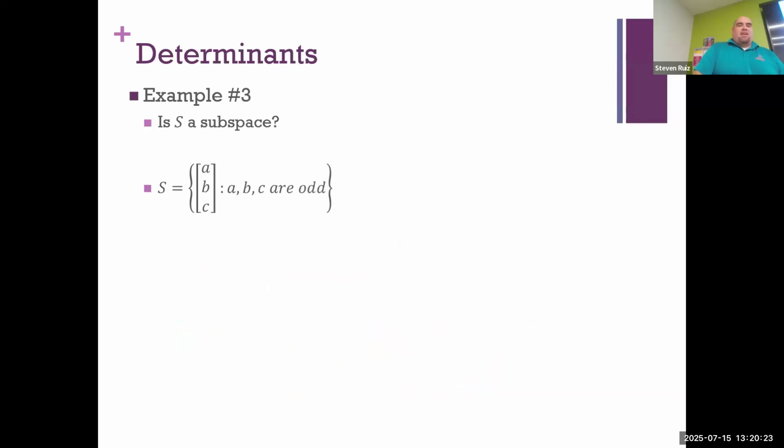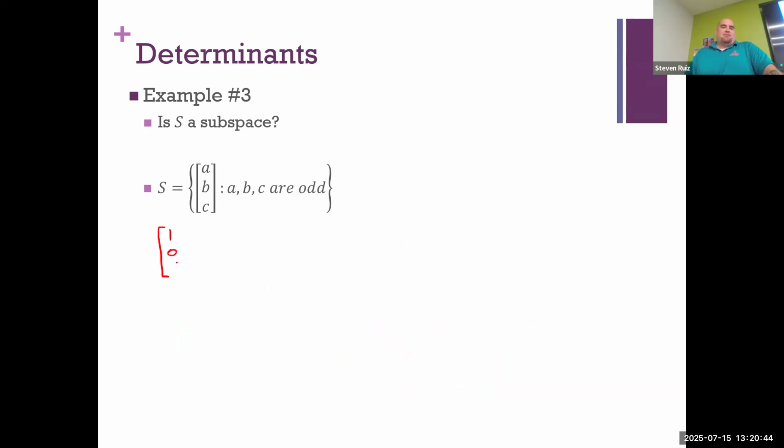Right. What about if they're odd? What about if A, B, and C are odd? Okay, so you're saying this is not even closed under addition? All right, give me an example of something that fails it.